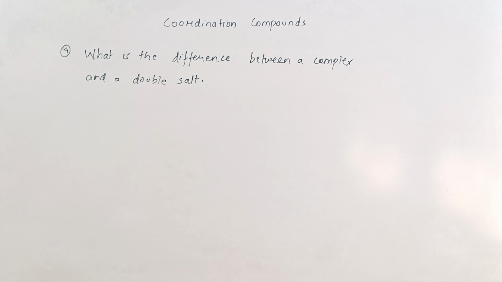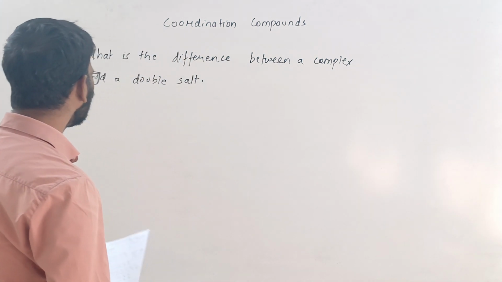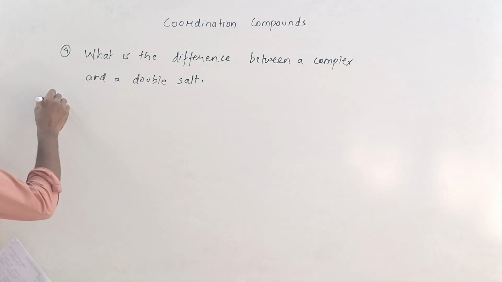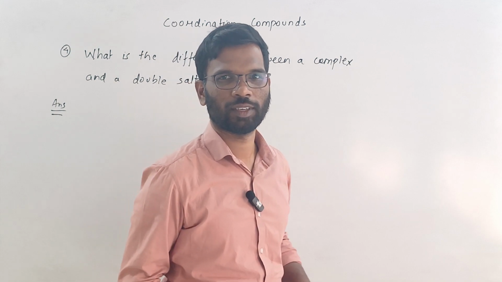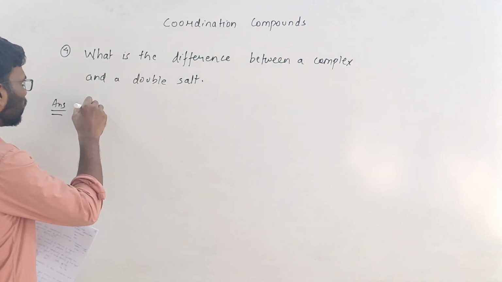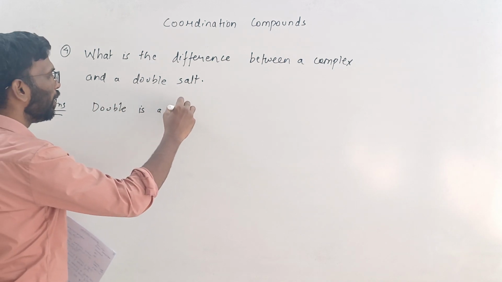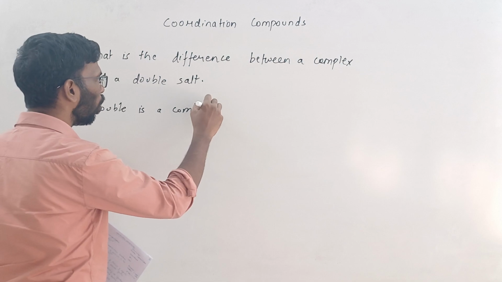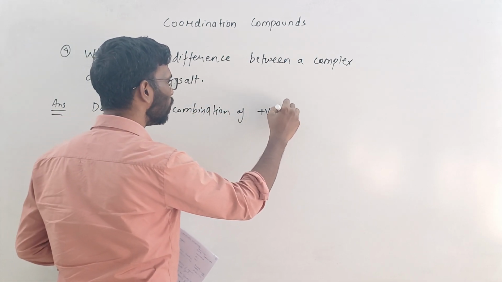The question asked is, what is the difference between a complex and a double salt? I'll write the definition first, and from the answer you will understand the meaning of double salt and complex. A double salt consists of positive and negative ions.